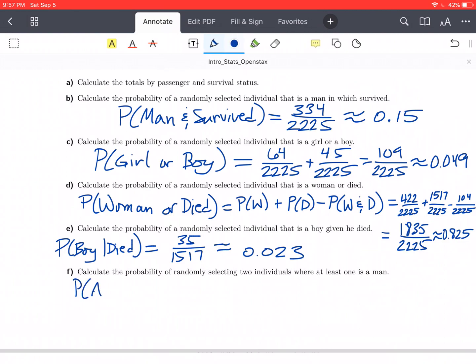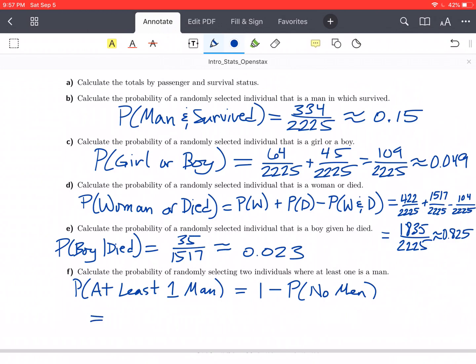So the probability that at least one of the people we select is a man. So again, this is one of those at least one problems. So we're going to take 1 minus the probability that we select no men in our two choices.